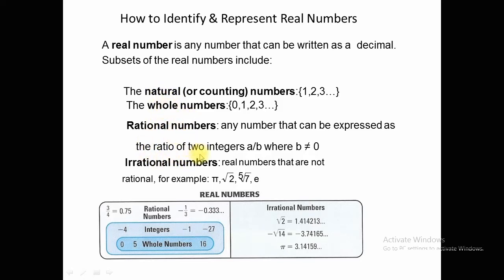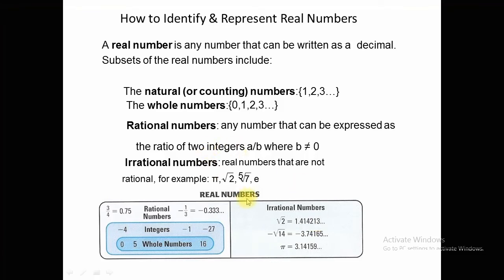All these sets are subsets of real numbers. Set of even numbers, set of prime numbers, composite numbers, all are subsets of real numbers, but the set of complex numbers and the set of imaginary numbers are not subsets of real numbers.